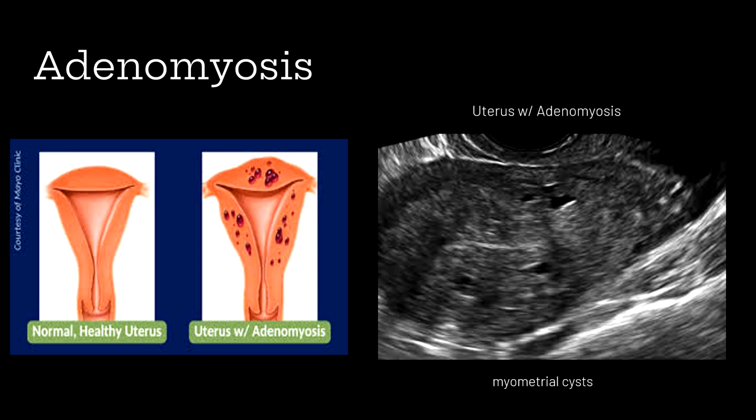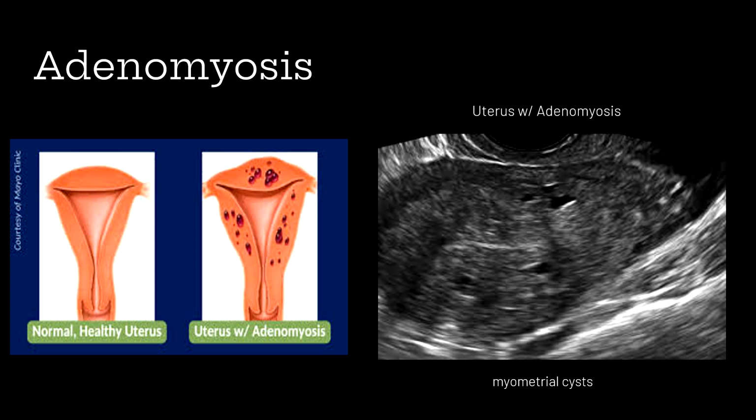These little bubbles right here are going to be fluid-filled sacs of blood, and that is the myometrial cyst that we see on the actual ultrasound image to the right. When you see these little cystic areas in the uterus, a lot of times that is a really good indication that that patient has adenomyosis or there's something underlying going on there.